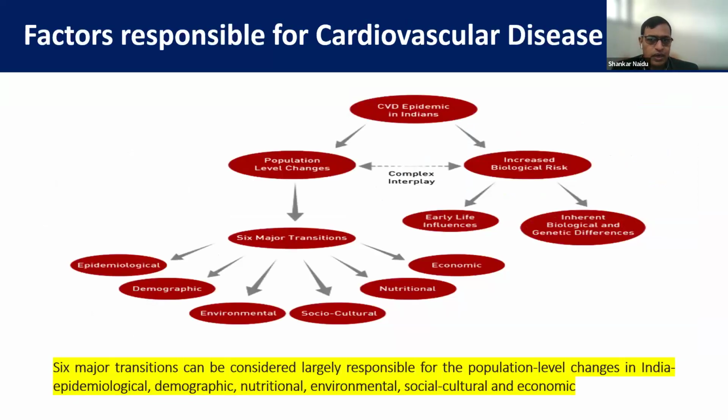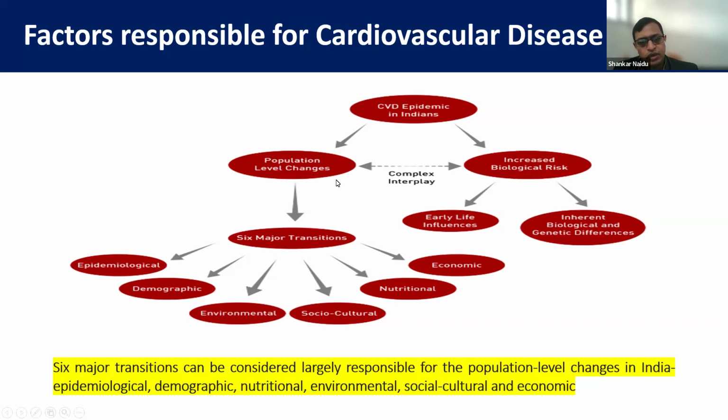So why is it that Indian patients are at increased risk of developing cardiovascular disease? There are some theories which can explain this increased risk in India. One is an increased biological risk, either because of genetic or racial predisposition of Indians, and also early life influences can increase the biological risk of developing cardiovascular disease.